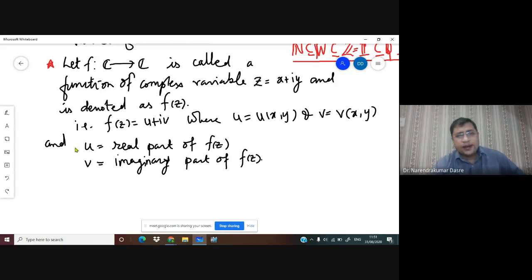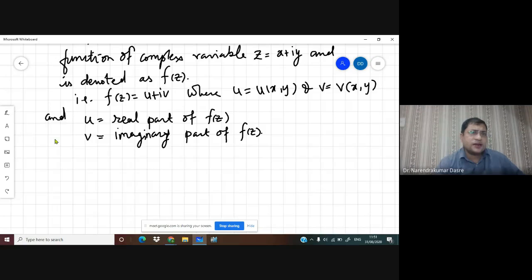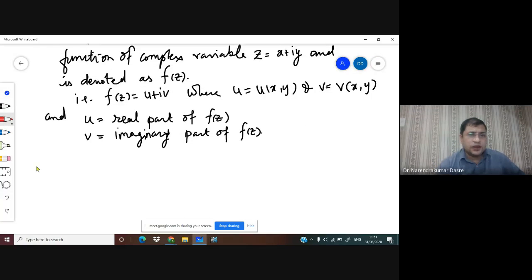Now, the idea of the limit in a real case is similarly applicable in the complex domain also.